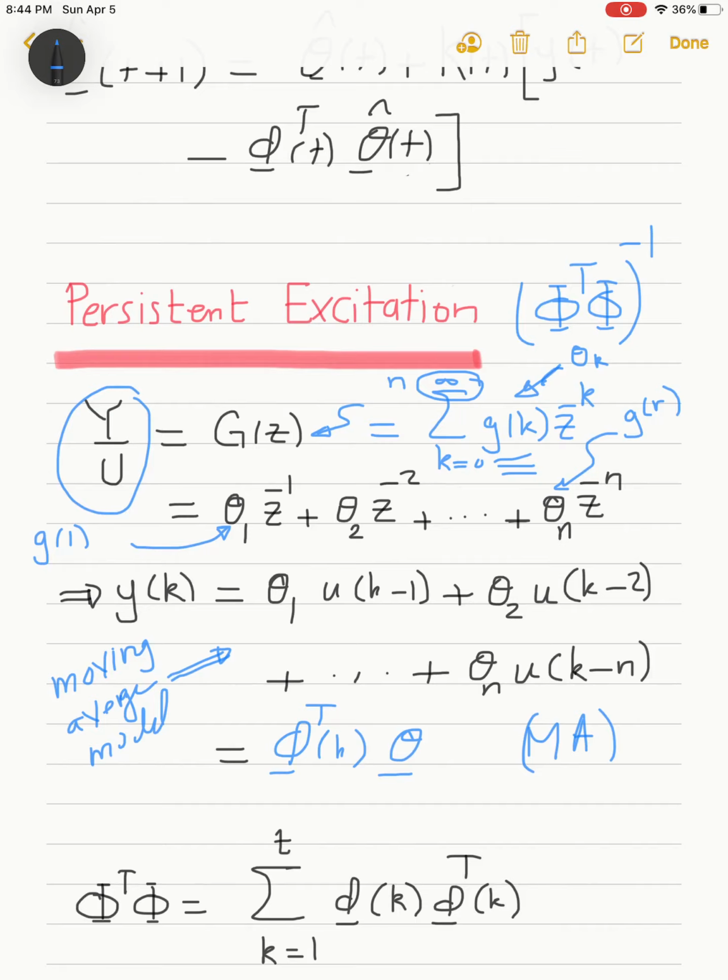Actually, the reason I said that is that in most of the cases when people talk about persistent excitation, they consider the phi matrix as composed of the inputs. So I indicated here why this is true, and this is enough in order to study the question of excitation.